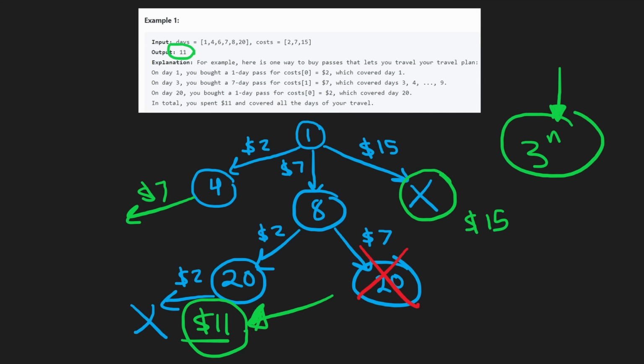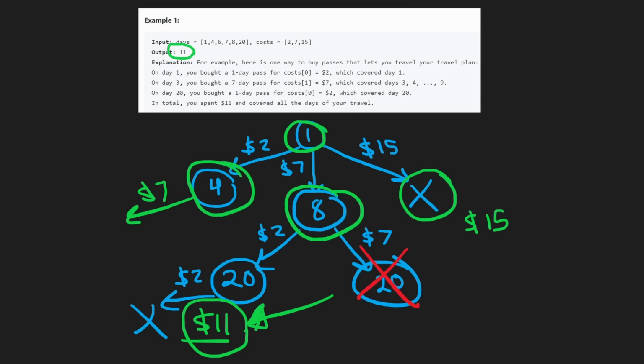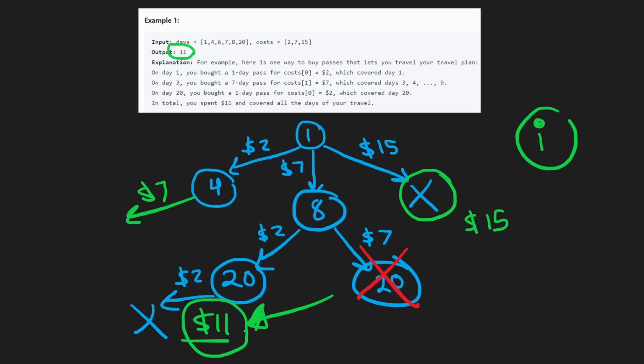Yes, we can, and there's a couple tricks to doing it. So you can kind of tell that the node values that you see here, for example, 1 or 4 or 8, what determines that? It basically is determined by the index i that we are at currently in our days array, right? If we're at index 0, then we're at day 1.